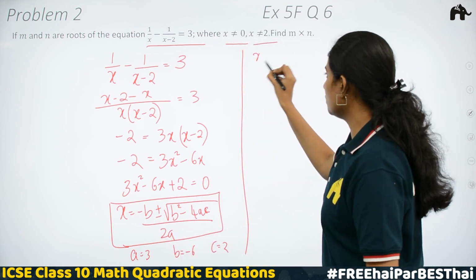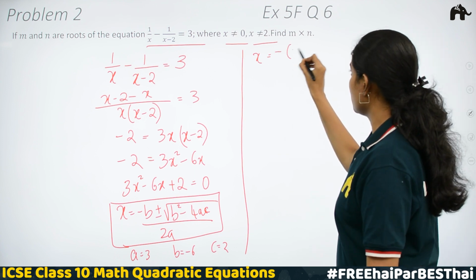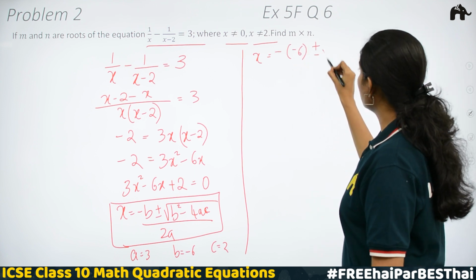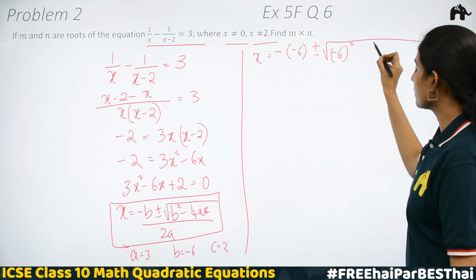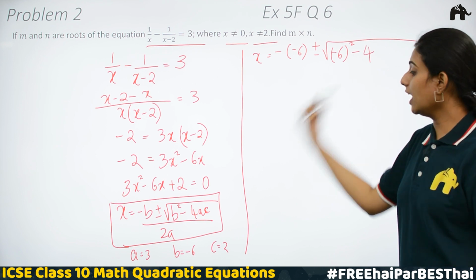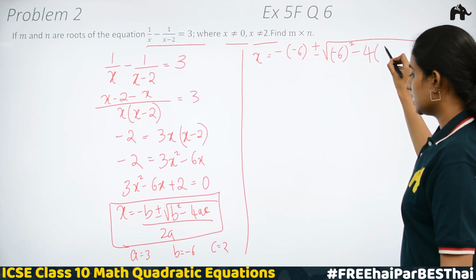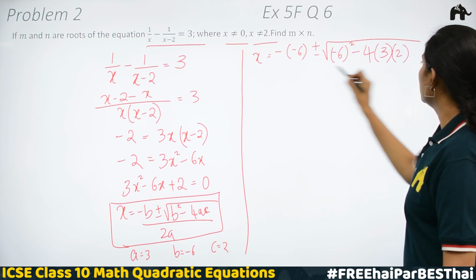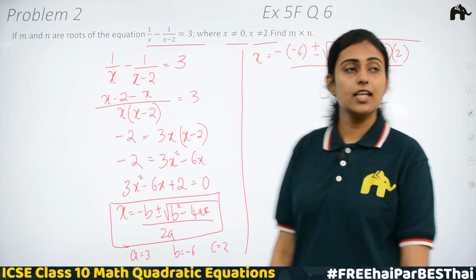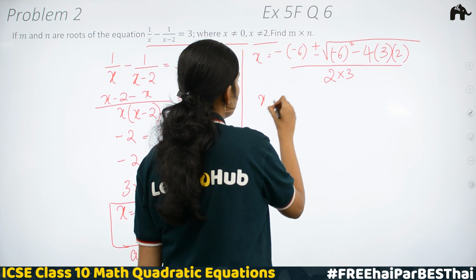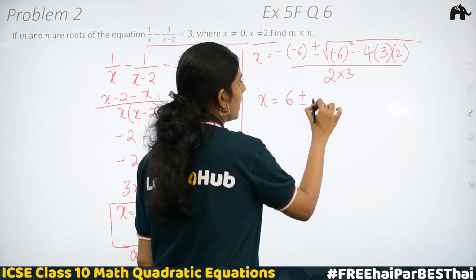Then x is equal to minus b, that is minus of minus 6, plus or minus root of (minus 6) whole square minus 4 into a into c. a is equal to 3 and c is equal to 2, 3 into 2, divided by 2a, 2 into 3.